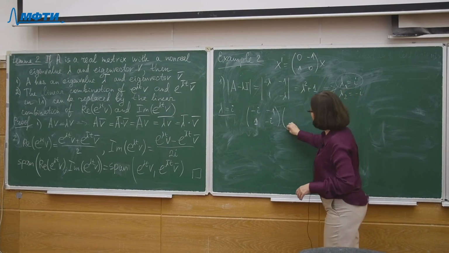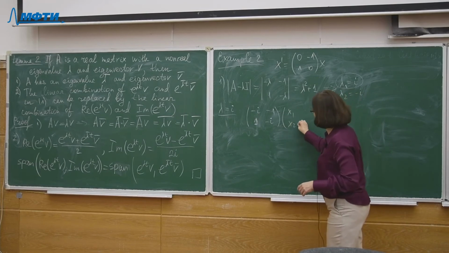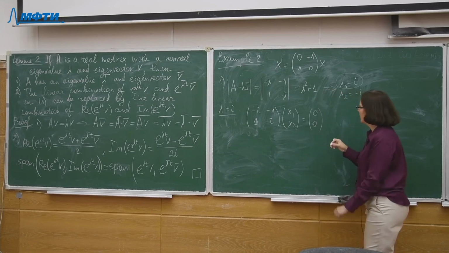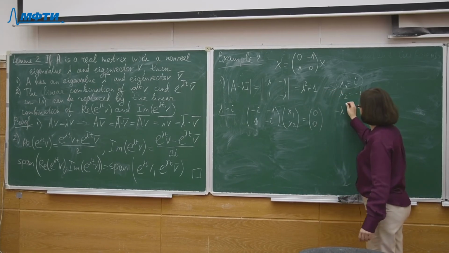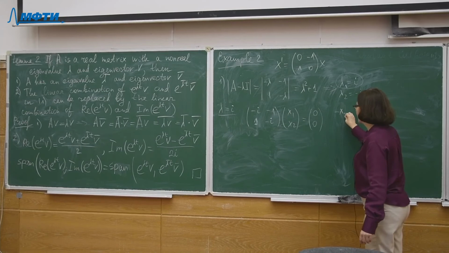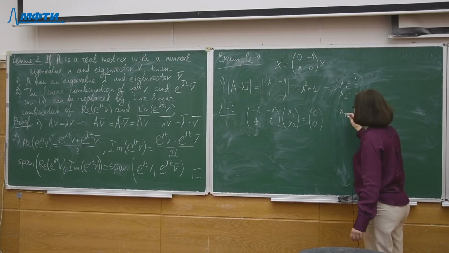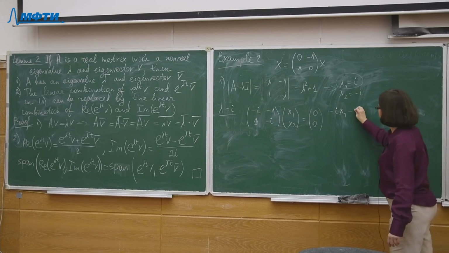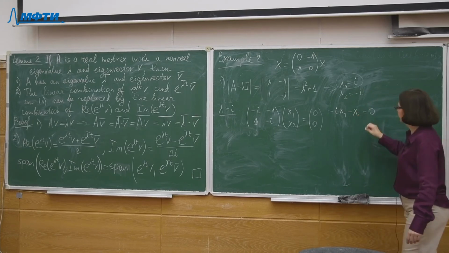Then we need to solve this linear equation, from which we have minus x1 minus i x2 equals 0.